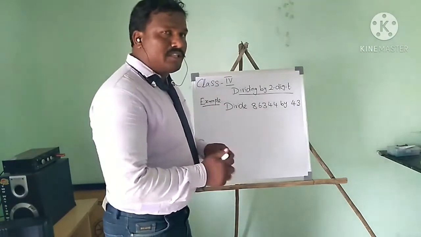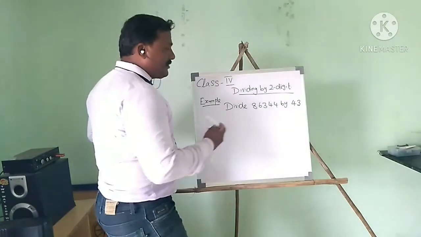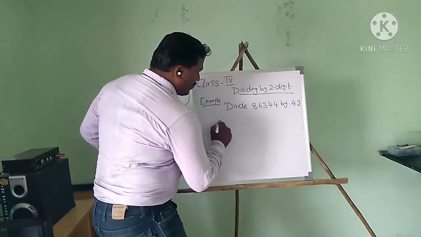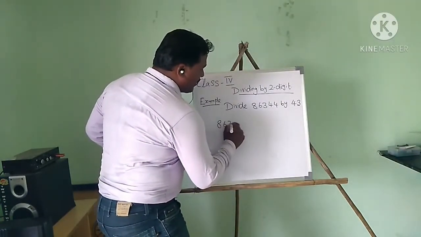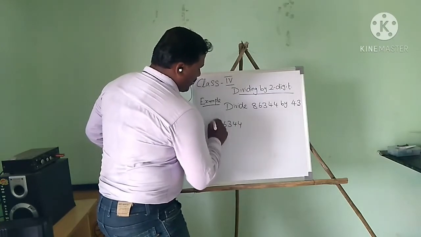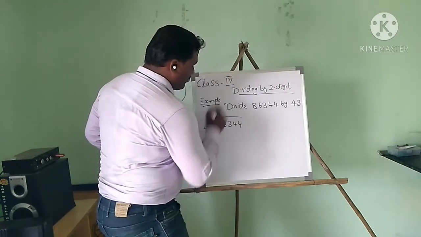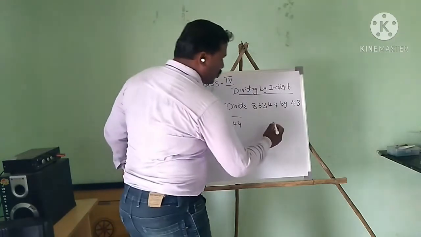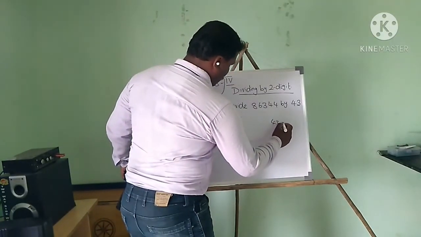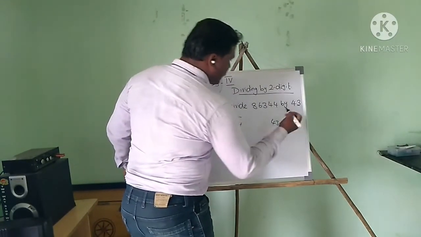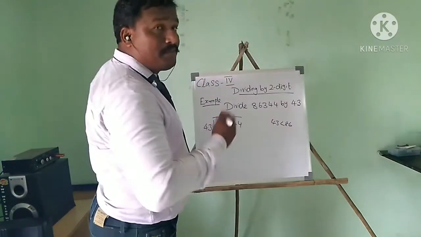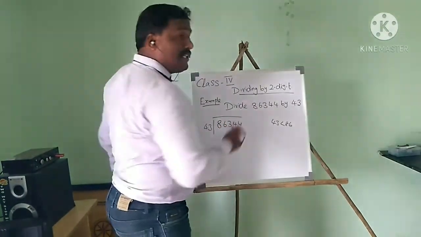So now see, I will take the number. 86,344 divided by 43. So first I will take 2 digits. See, 43 is less than 86. So 86 is bigger than the divisor 43.